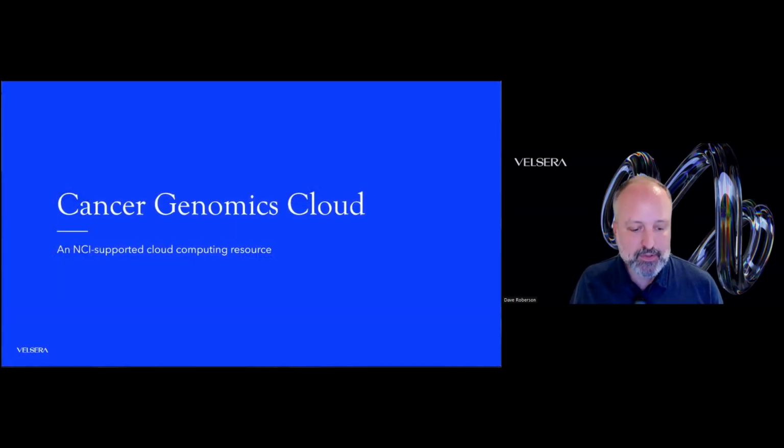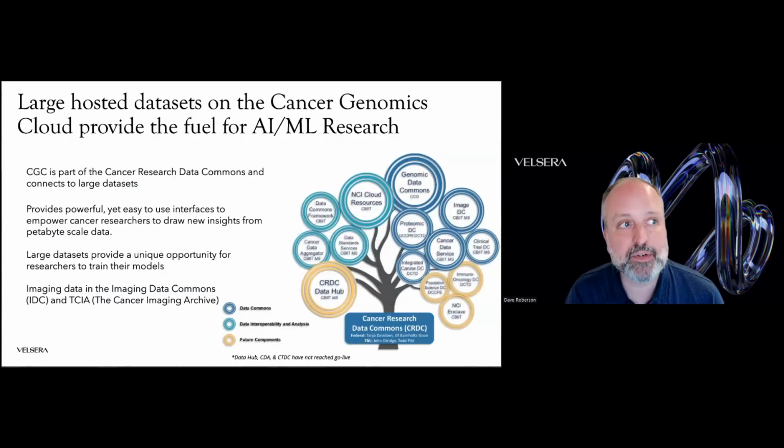The Cancer Genomics Cloud, as you know, is supported by the NCI, and it's one of the cloud computing resources which are part of the CRDC. One of the most important things is that the CRDC allows you to access these tremendously large hosted data sets, which are really becoming what I like to call the fuel for AI and ML research.